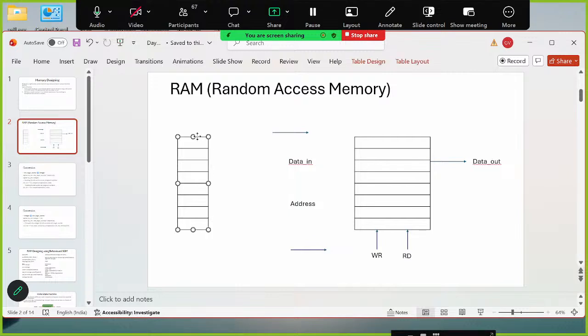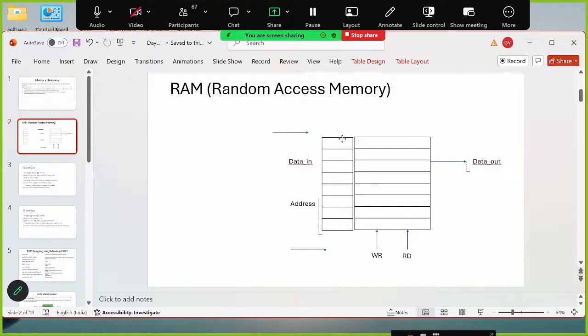Tell me fast, I'm waiting. What should be the width of data lines and what should be the width of address lines? This you need to give answer. Tell fast.